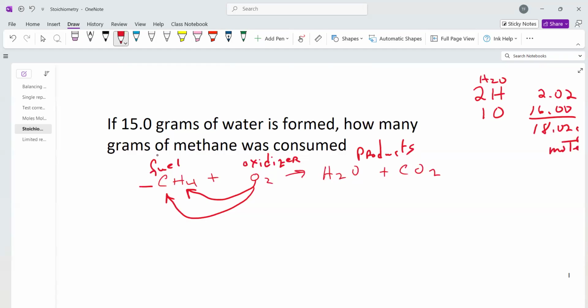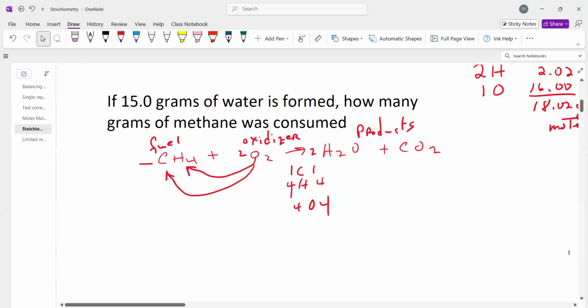Okay, so let's balance the equation. Let's see, it's going to be 2, 2. All right, so what's given in this problem?